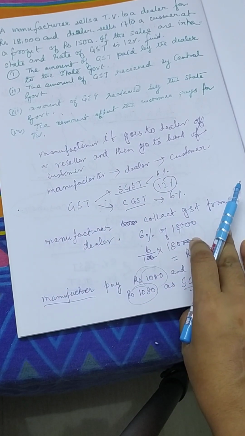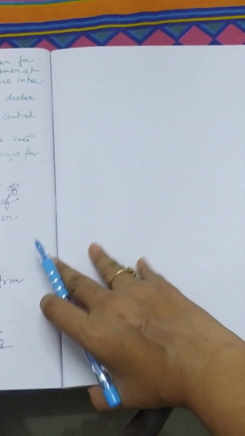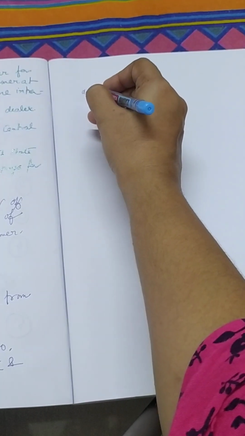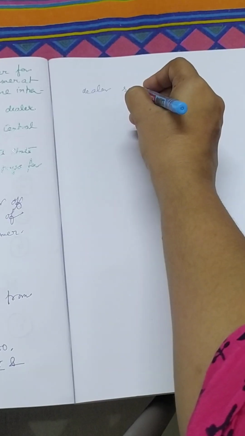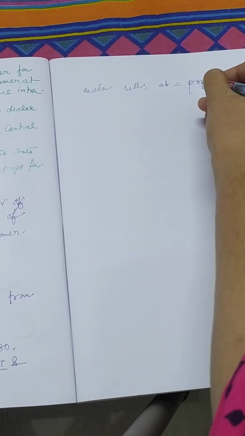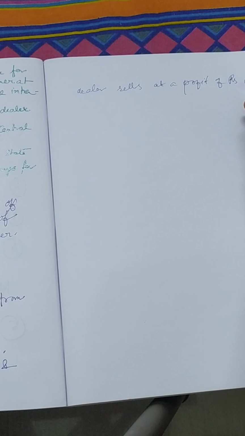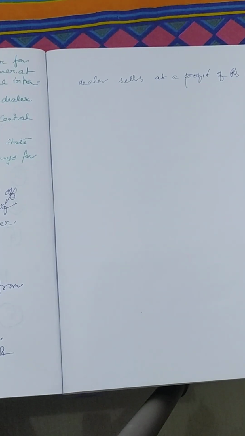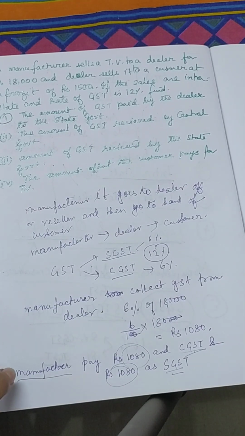Okay. Now when the dealer sells at a profit of rupees 1500 as per the question, because in the question it was written that the manufacturer sells this to the dealer and again the dealer sells it to the customer at a profit of rupees 1500.